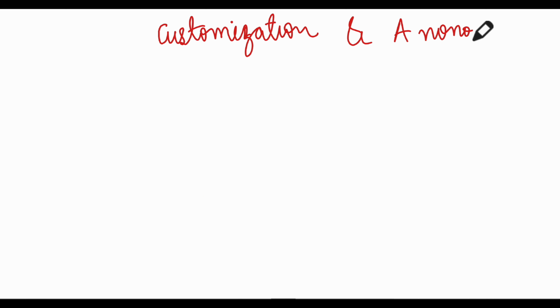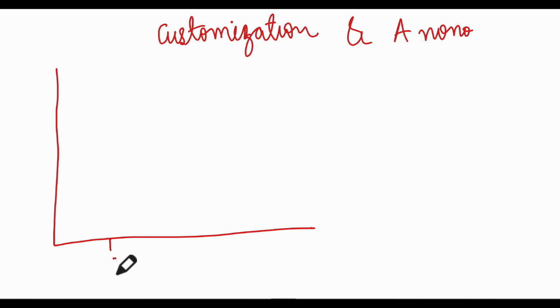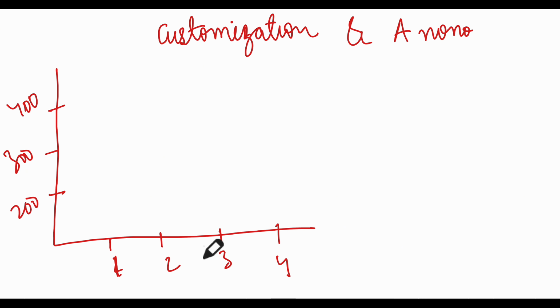Customization means, for example, let's say you have a chart with values like 1, 2, 3, 4, and here values, let's say 200, 300, 400. Let's say your data is like this, but you want to change this. You don't want a number, you instead want it to show some character or something else.